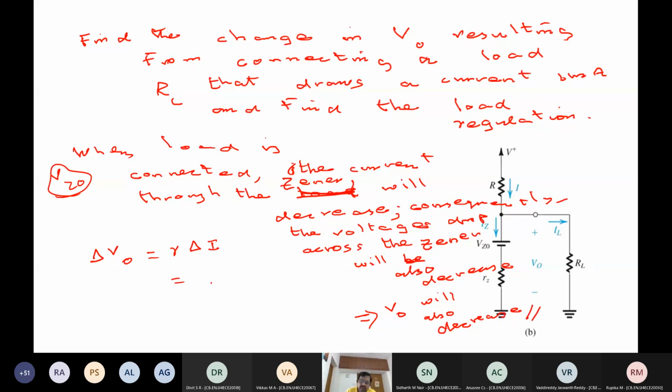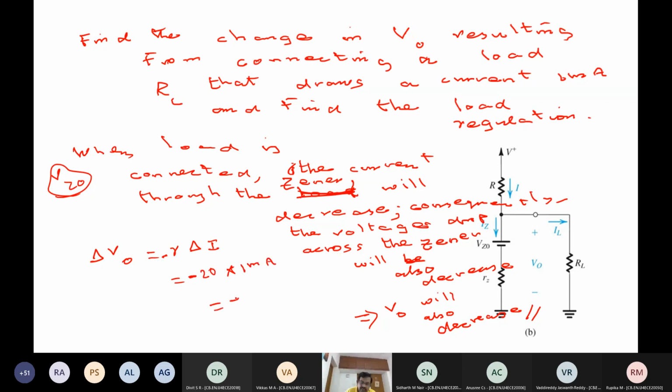So here you have delta I as 1 milliampere. Because it is decreasing, I will add a negative sign to emphasize it is a decrease. Okay, so the load is connected, the current through the Zener will decrease, consequently the voltage drop across the Zener will also decrease, or V0 will also decrease: minus 20 into 1 milliampere.